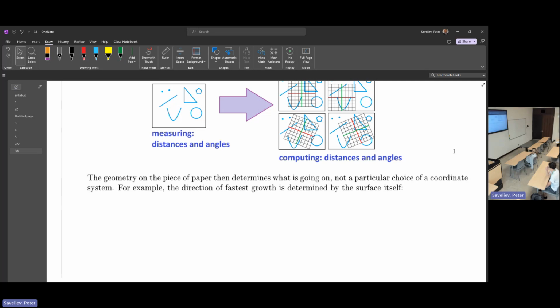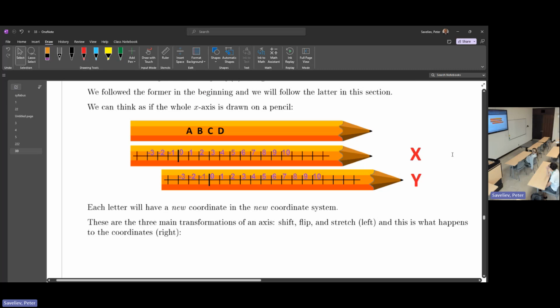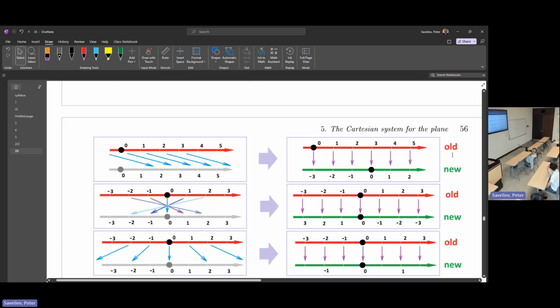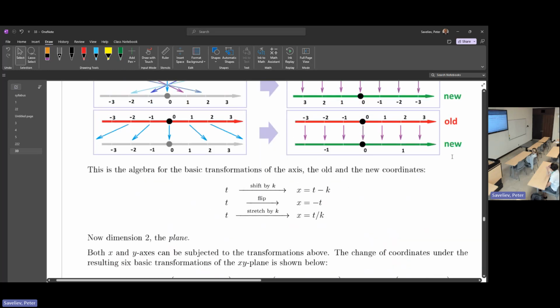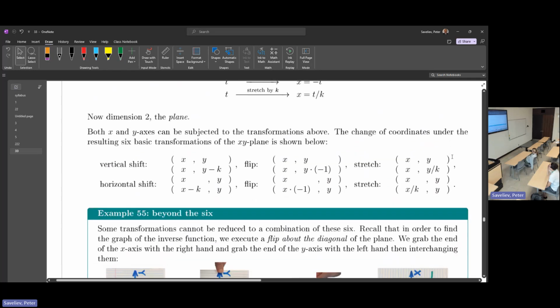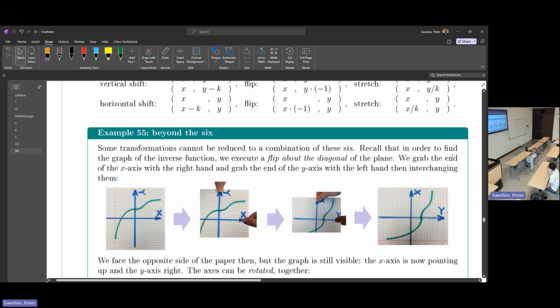Conversely, every transformation can be seen as a change of variable, that is, a change of coordinate system. Here are the formulas. We have seen them before, but now a transformation can be seen as a change of units.